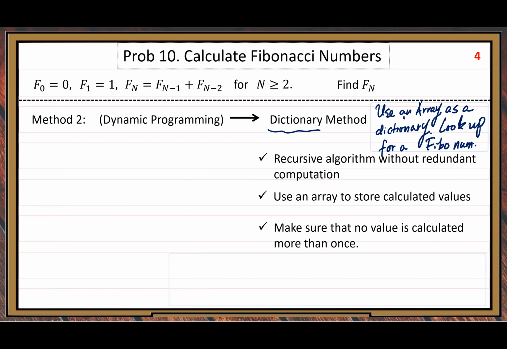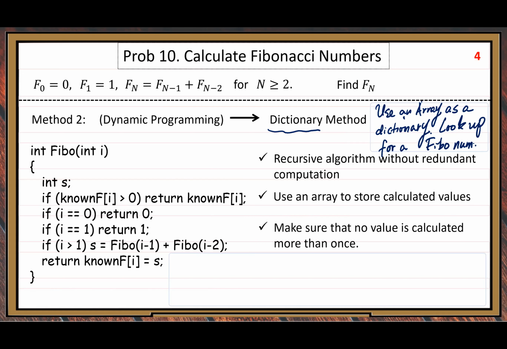When we use the dynamic programming technique, we use the recursive algorithm, but with the dictionary method we can avoid redundant computation. Use an array to store calculated values. Make sure that no value is calculated more than once, because we need to check if a requested value is already calculated in our dictionary.